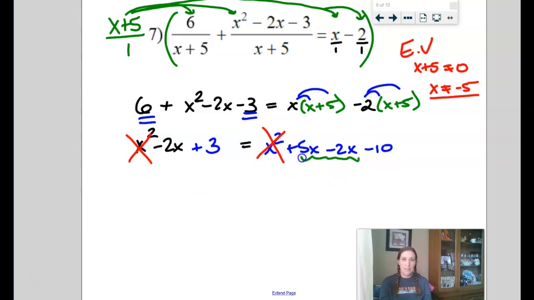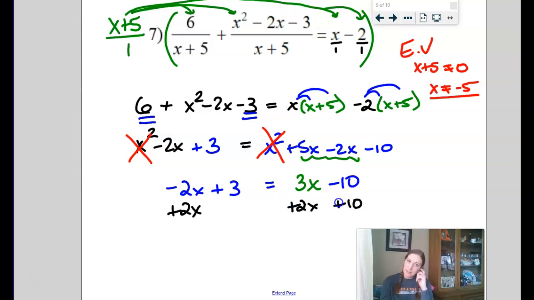All right, I'm going to collect all my x's together on this side. This is now a 3x minus 10. I'm going to bring the x's to the right side, so I'm going to add the 2x over there.